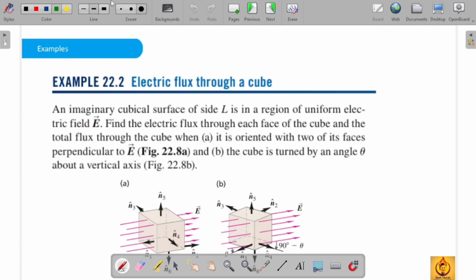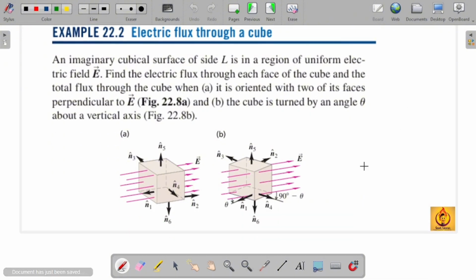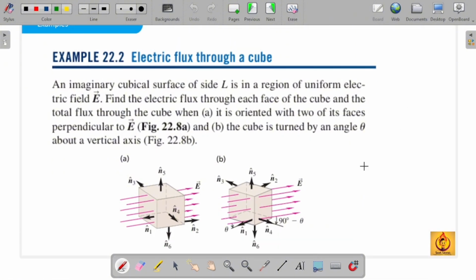Alright. Now, this problem is very interesting. Let's look into it. Someone else, may you please help me in reading the problem? I'm now lazy. I'm a lazy teacher. I'll just call a name that's in my mind.